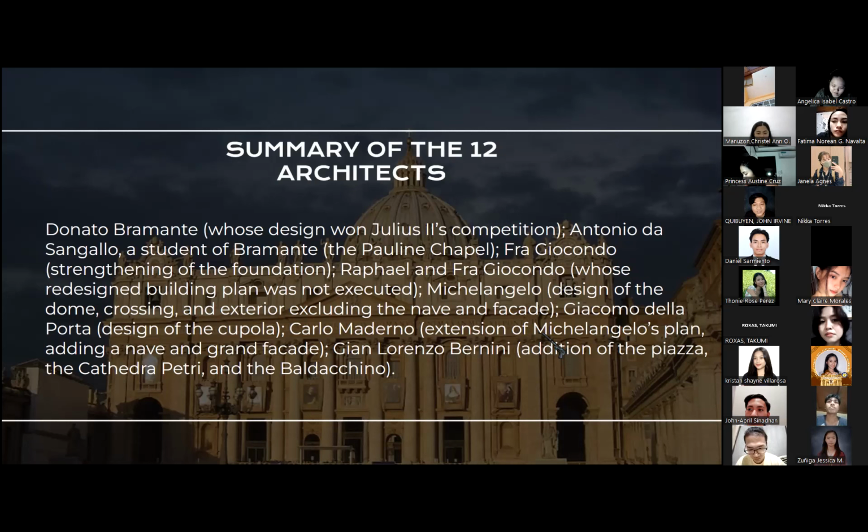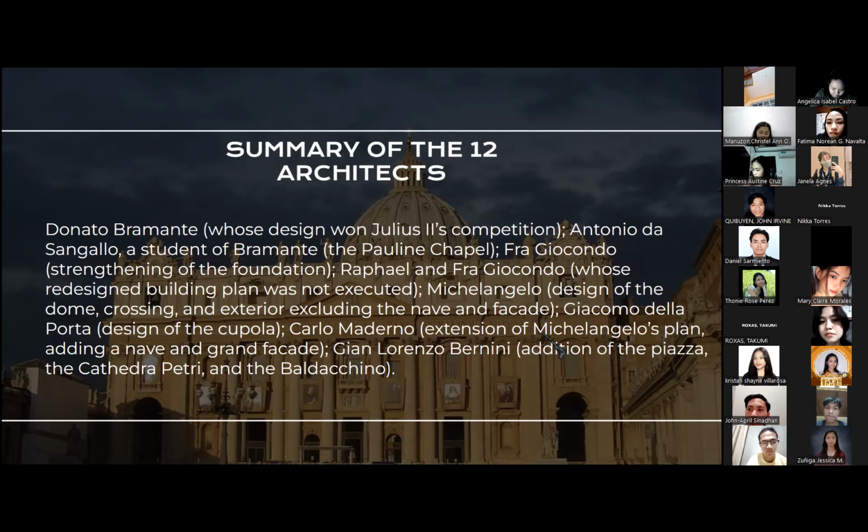Raphael and Fra Giocondo, whose redesign and building plan was not executed. Michelangelo, design of the dome, crossing, and exterior, excluding the nave and facade. Giacomo della Porta, design of the cupola. Yung cupola is yung dome.